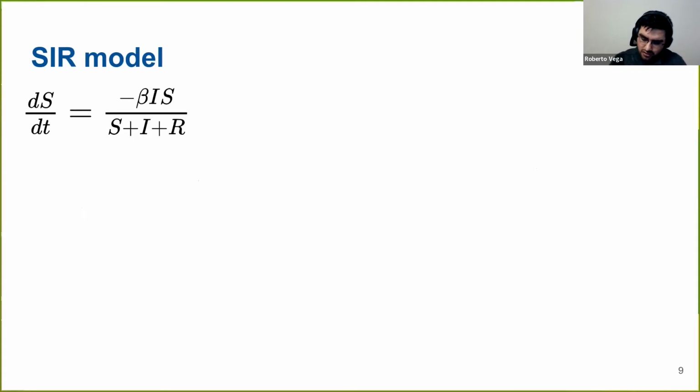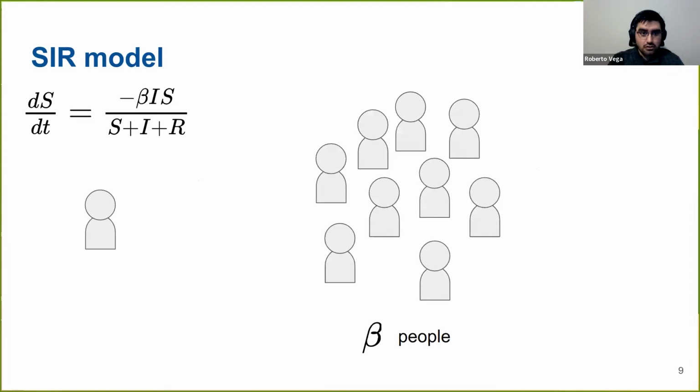Now, let me try to give a little bit of insight about the meaning of this equation, or where this equation comes from. Imagine that you have one individual. Then the main assumption of this model, or the rationale behind this equation, is that this person is going to meet beta people. This is why you have the multiplication of this person times beta. Now, what is the chance that any of these beta people is going to be infected?